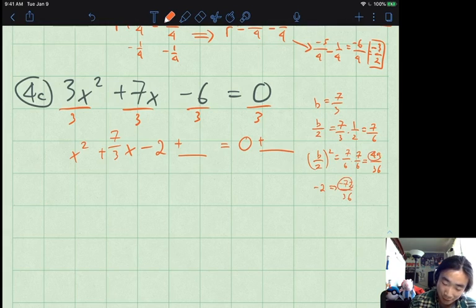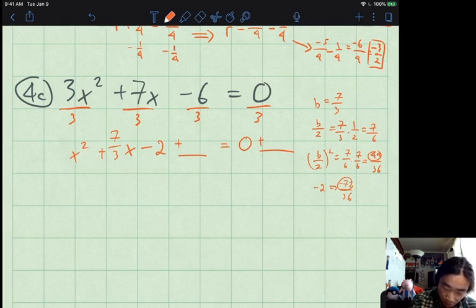So either way, we have to figure out what the difference is. Correct? So if we're at negative 72, we want to get to positive 49. We've got to add in something positive.